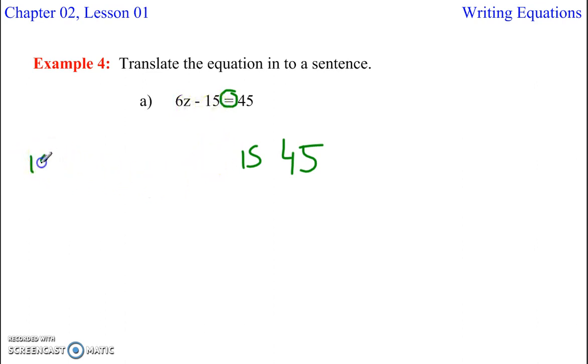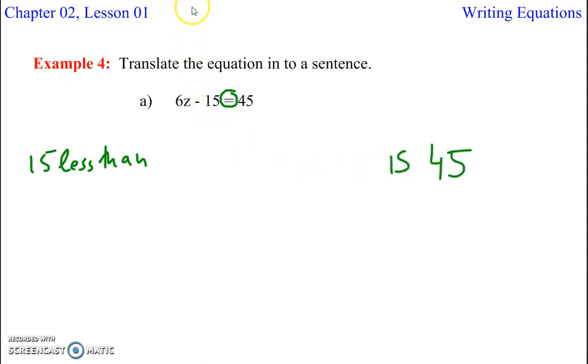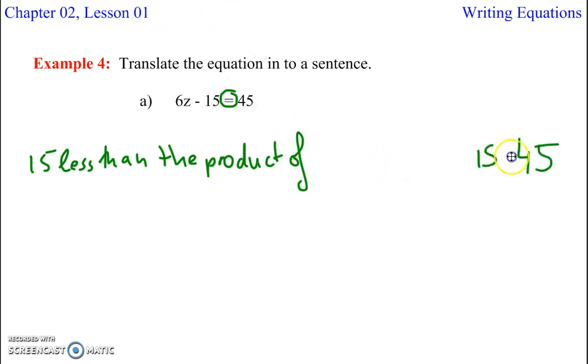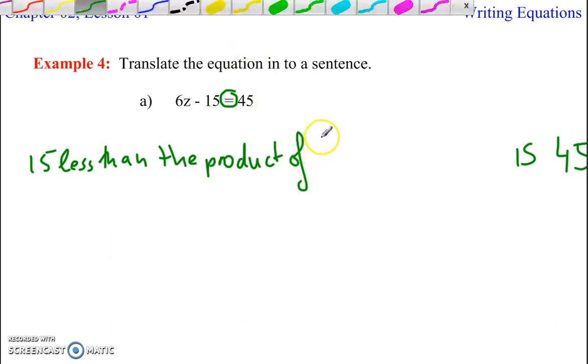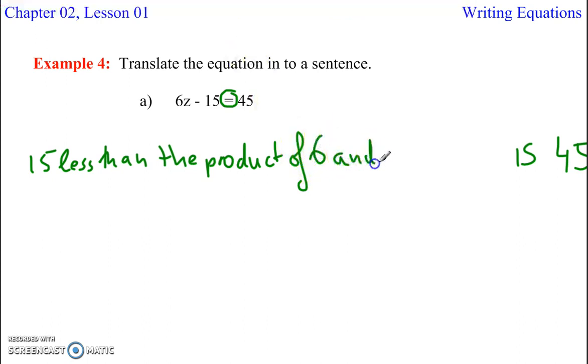We're going to write 15 less than the product of 6 and a number z. Now I'm using z here, I'm saying a number z and not just a number because that is defined. This is z, not just any number, it's a number z.